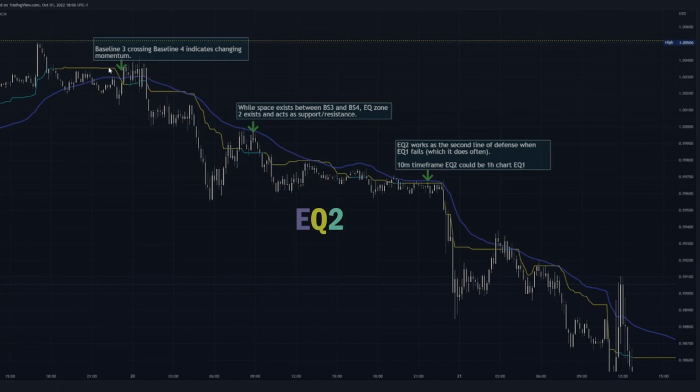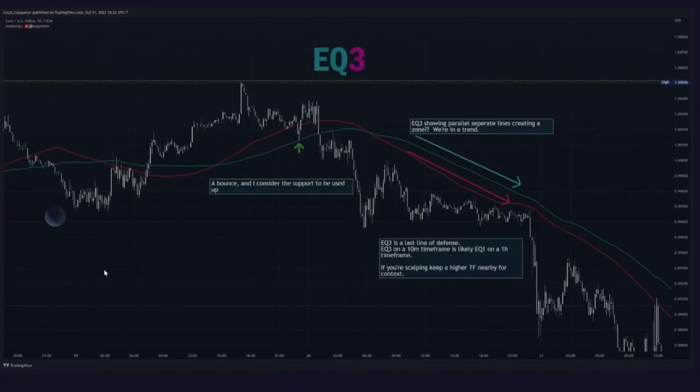So you can see here, as soon as EQ2 flips over into the bearish, flips onto the underside of when baseline 4 crosses 3, it consolidates for a little bit and then price drops down, comes back up, falls again, comes in to test EQ zone 2 almost perfectly, and then, whoops, how do I go back?